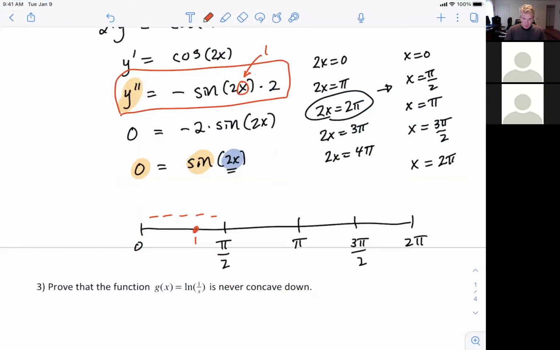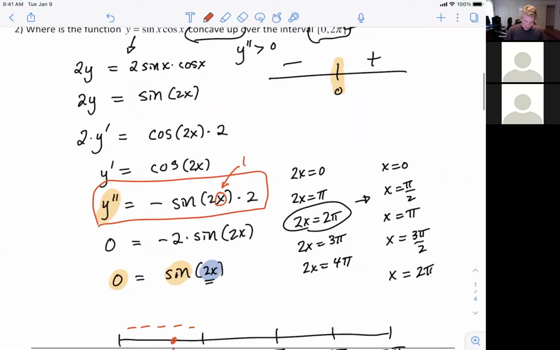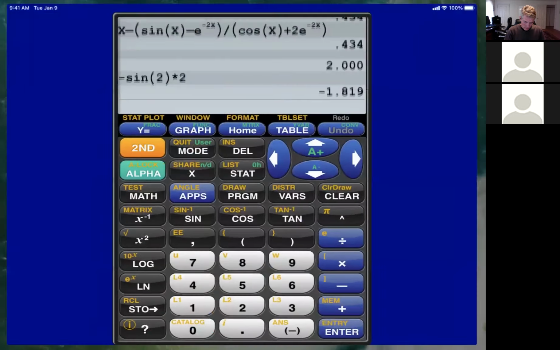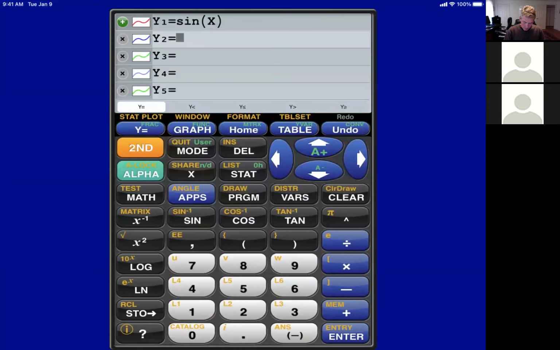Now, you could keep doing it that way. You could also graph the original function and see where it's concave up. So I'm going to graph the original before I did anything to it. So that's just y equals sine times cosine. Oh, that was silly.